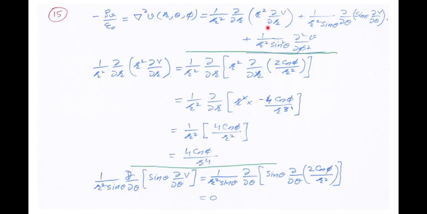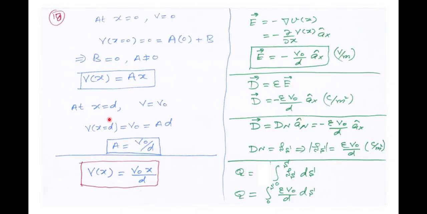As the variation in this example is with respect to theta, we will be considering this term of del squared V, which is equal to 1 upon r squared sine theta times partial by partial theta of sine theta partial V by partial theta.